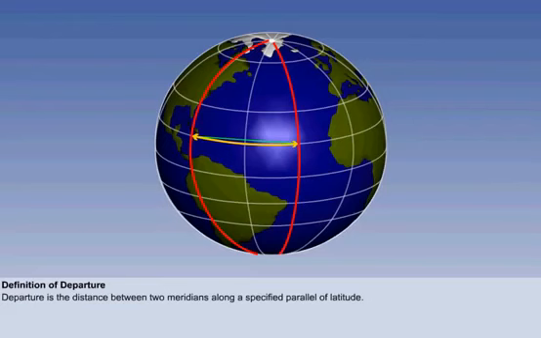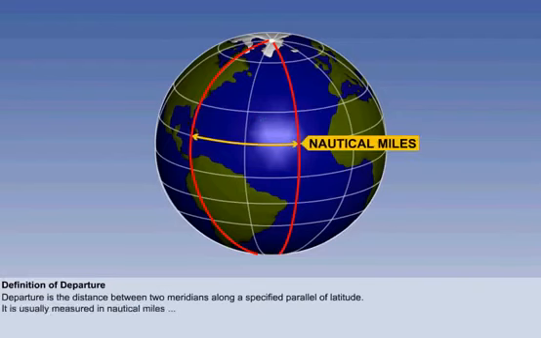It's also possible to calculate either the rhumb line or the great circle distance between 2 points not at the same latitude, but these are not departure either. It has to be along the parallel of latitude to meet the definition. It's usually measured in nautical miles, but it could be in kilometres.